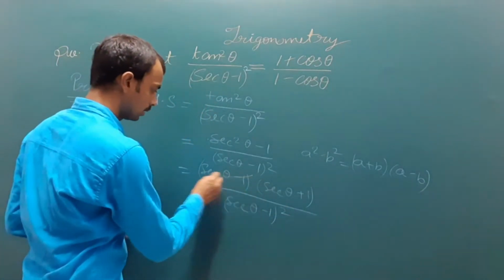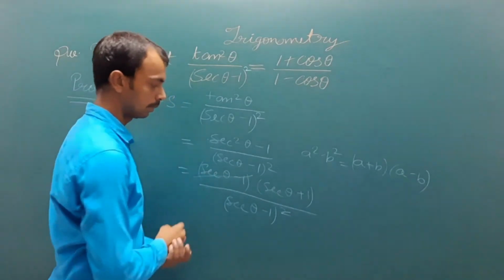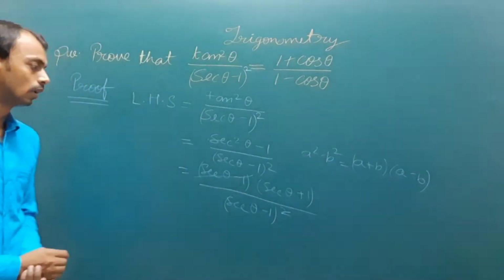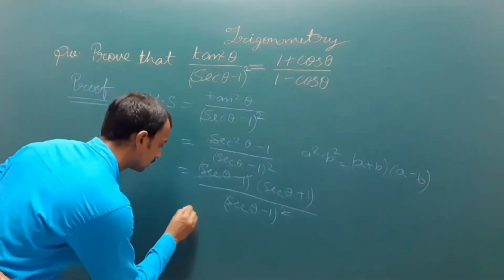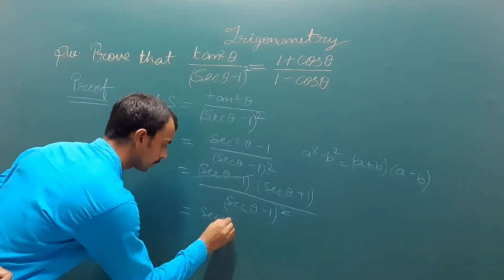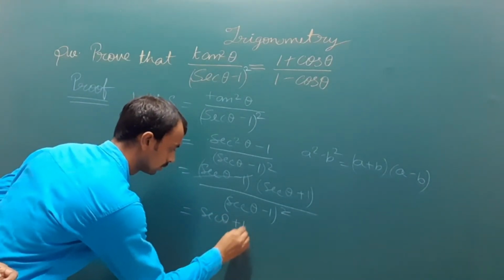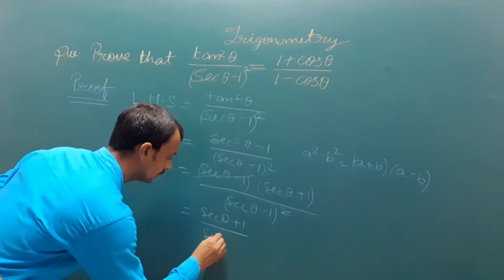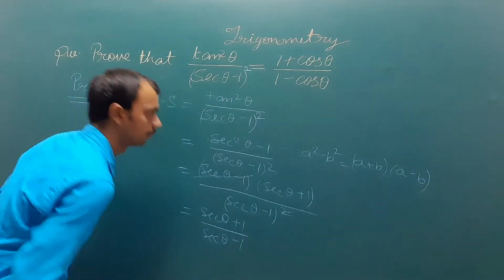Now sec theta minus 1 can get cancelled with one sec theta minus 1 of the denominator. So we have sec theta plus 1 at the numerator and sec theta minus 1 at the denominator.